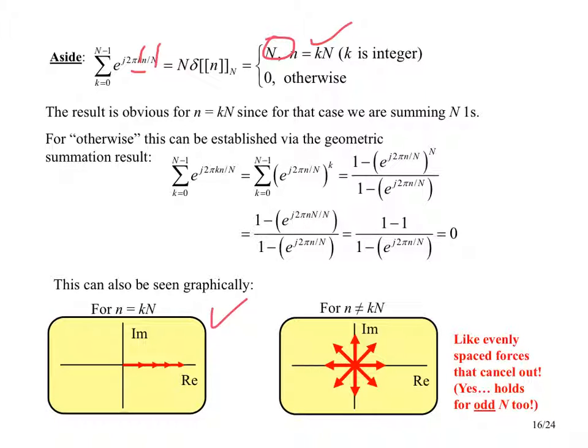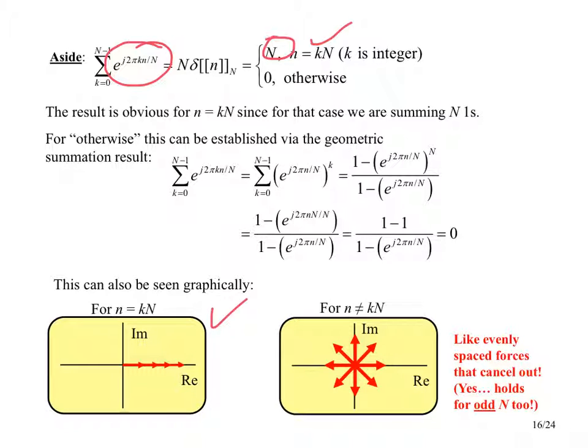That will hold true for any integer k, because for any integer k, the thing that I have here is just going to be e to the j 2 pi k. Well, I've done it here.